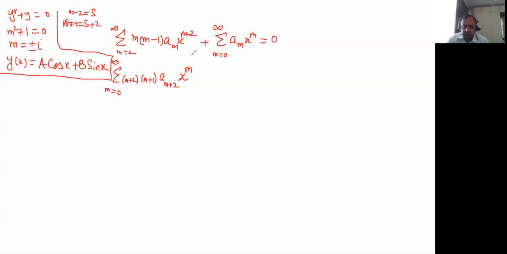So if m minus 2 is s, this will become x power s. Then m will become s plus 2, and m minus 1 will be s plus 1, and m will become s plus 2. And m is equal to 2 means 2 is equal to s plus 2, so s will be equal to 0. So it will be s is equal to 0 to infinity.